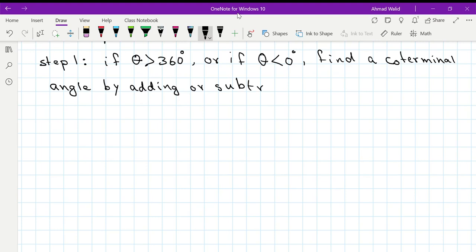Subtracting 360 as many times as needed.